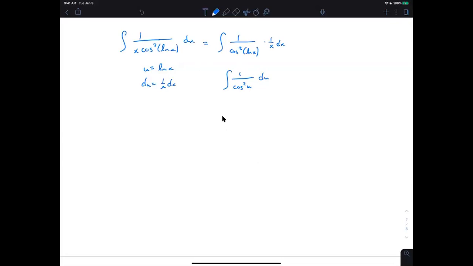What do you guys think? Yeah, make it secant squared. 1 over cosine is secant. So 1 over cosine squared is secant squared of u. So there's one involving a trig identity. Then it's easy. But you had to notice that. Does that make sense? Everybody good?